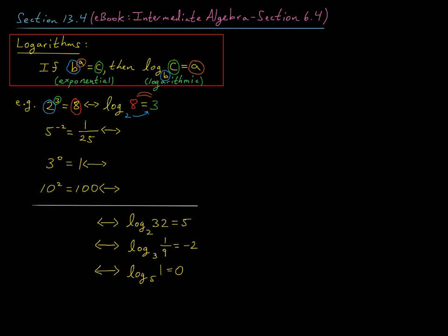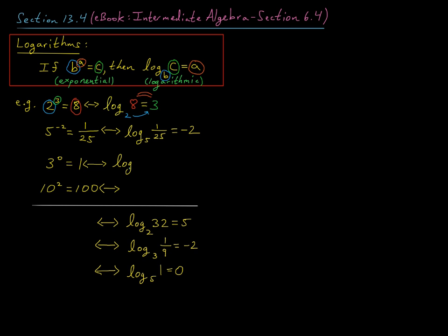5 to the negative second is equal to 1/25th, right? So take the reciprocal and square. All right, so now the log statement would be the log base, well, 5 in this case, because the base of the exponential statement is 5, of the 1/25th is equal to negative 2. 3 to the 0 is equal to 1.